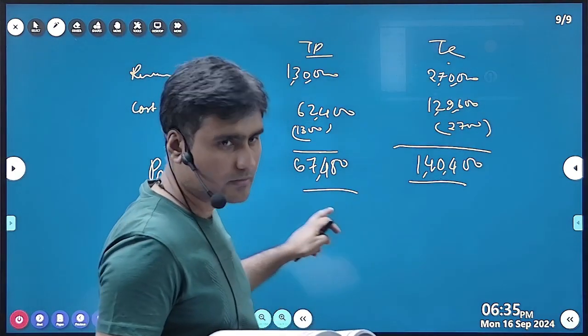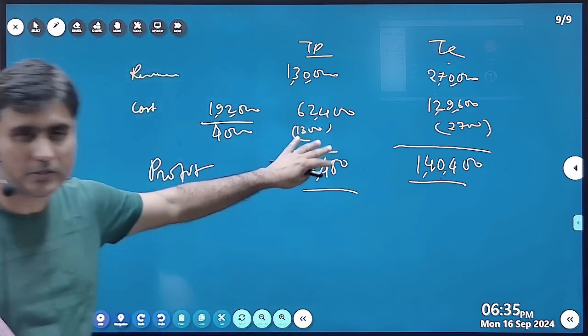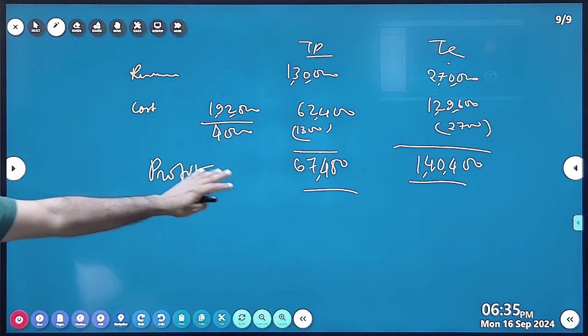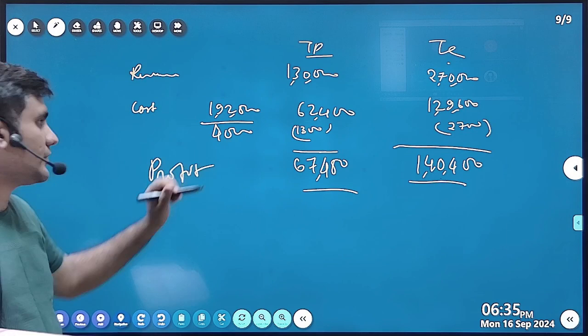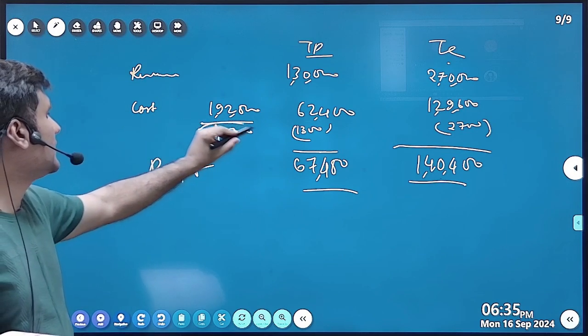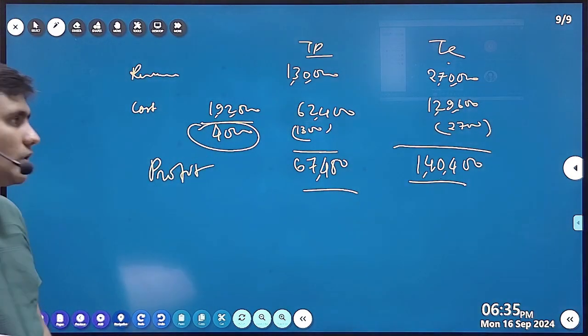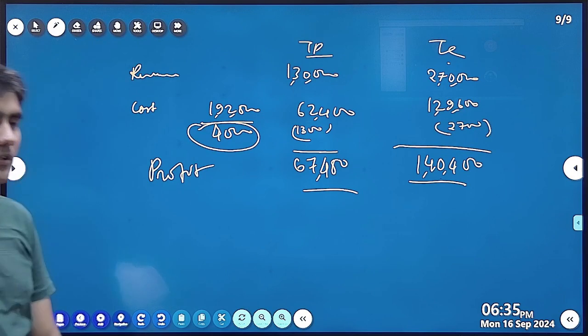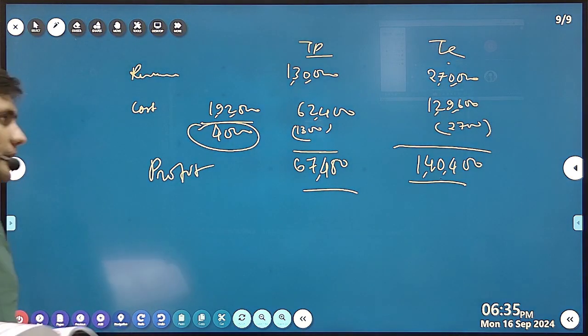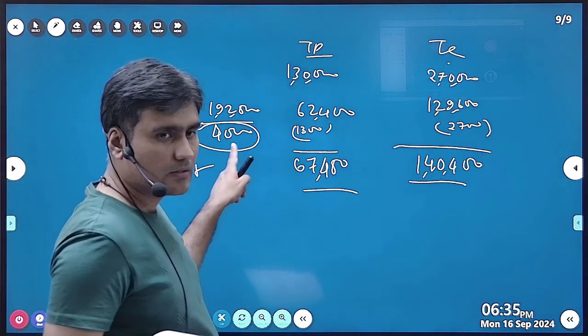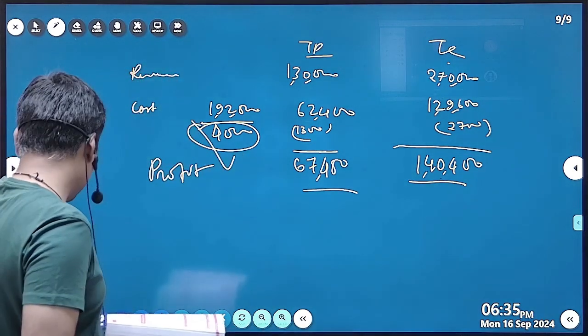When you use this method, it is known as traditional costing. We learnt in our first class that when we use a single activity to allocate all our costs, such an allocation method is known as traditional costing.